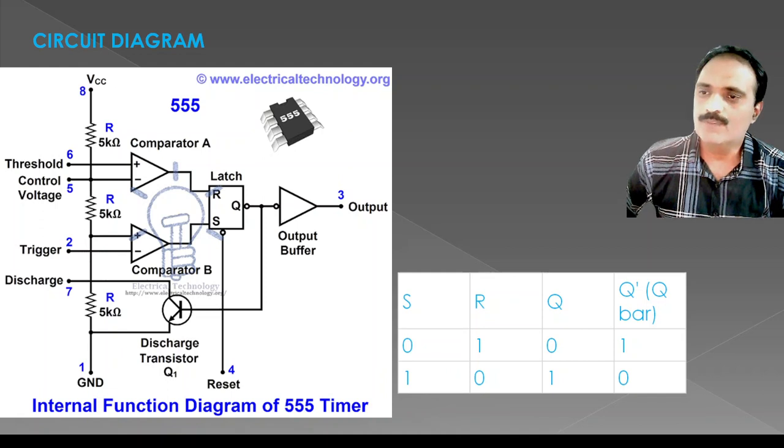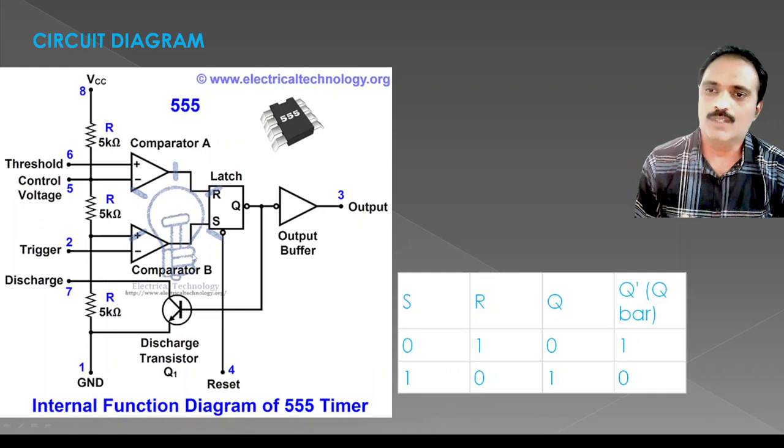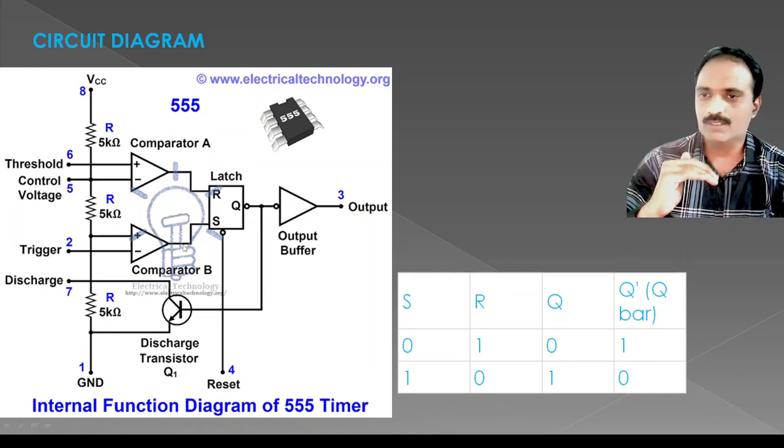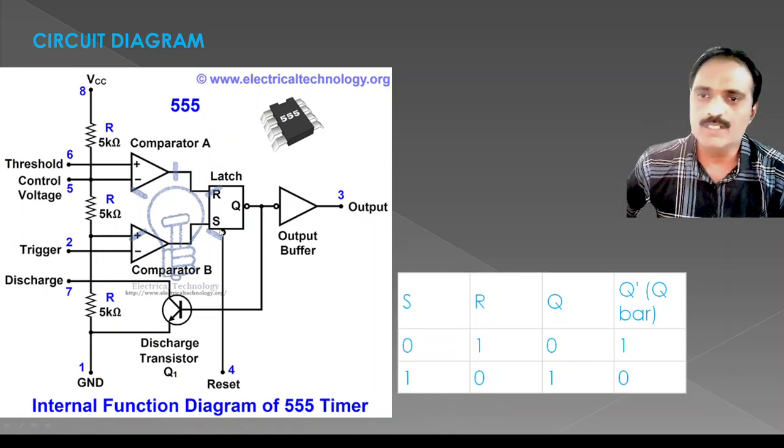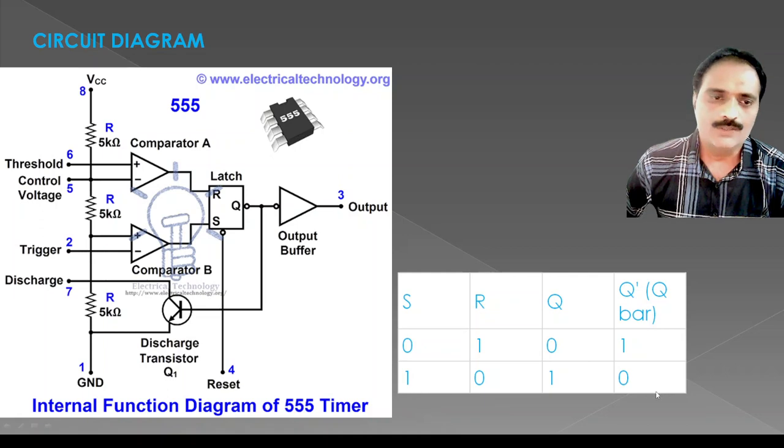If the trigger voltage is less than this 3 volts, the output of this comparator will go from low state to high state, which means it is going to set this flip-flop. So the set bit is going to be in high state, so that the output of the flip-flop is going to be high.